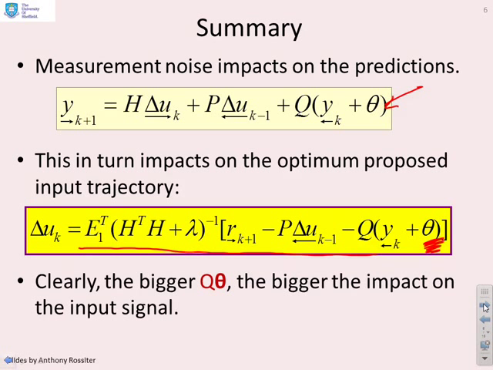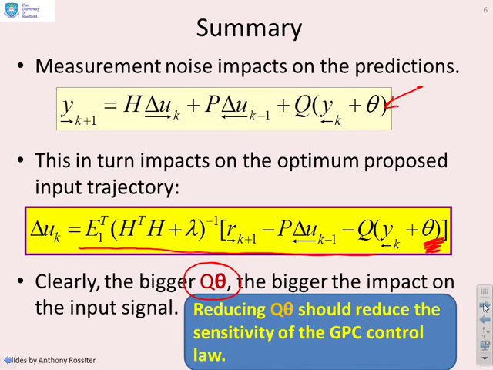And clearly, the bigger Q theta, the bigger the impact on the input signal. And so our target might be, how can we reduce Q theta? Because if I can reduce the magnitude of Q theta, then I'm going to make the GPC control law less sensitive to noise.